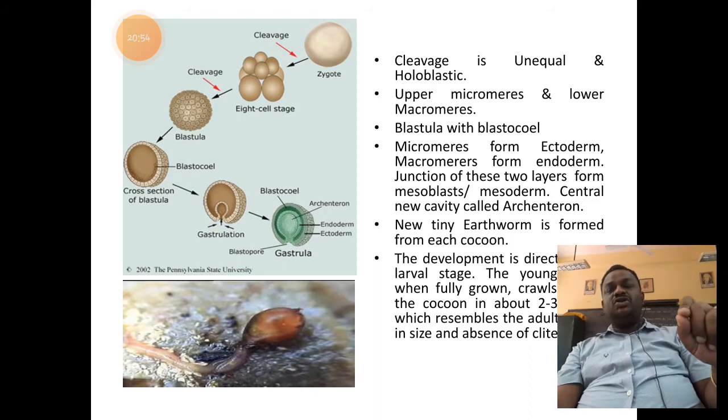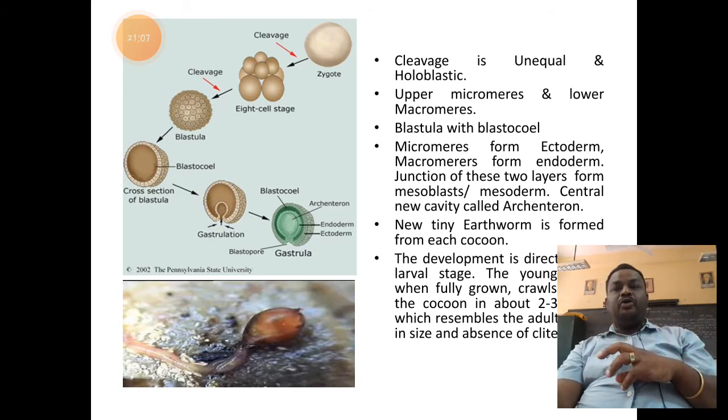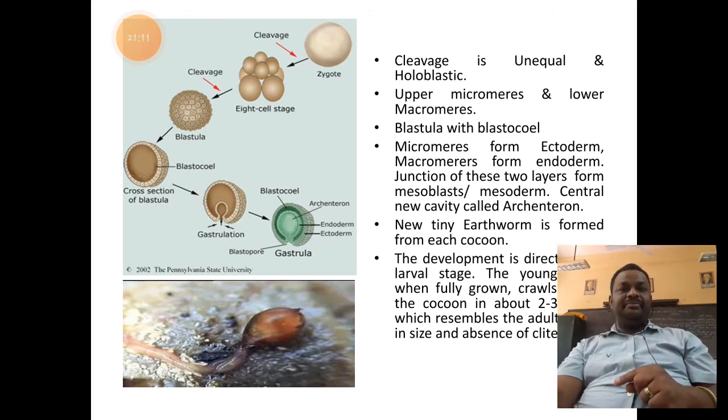The next stage to cleavage is blastula, which upon cleavage forms upper small cells called micromeres and lower larger cells called macromeres, along with the cavity called blastocele.